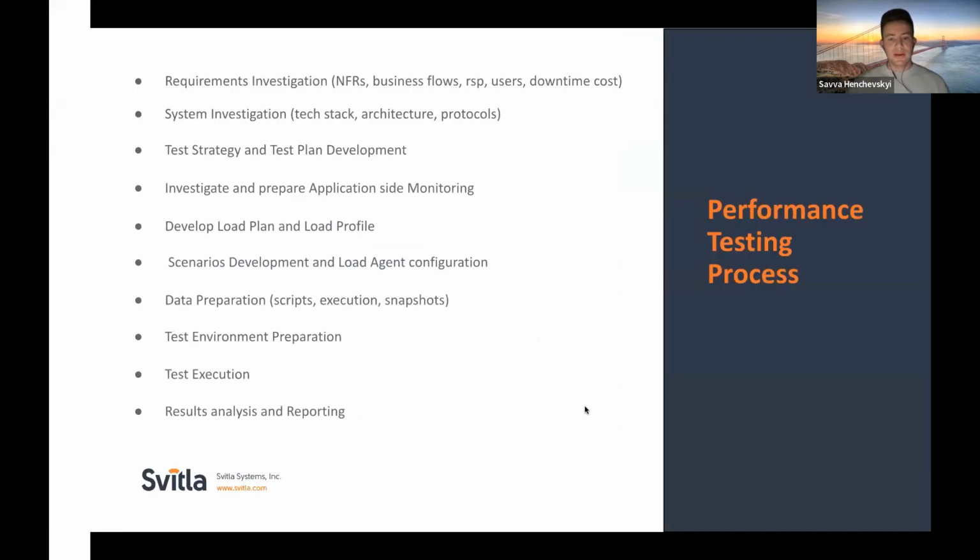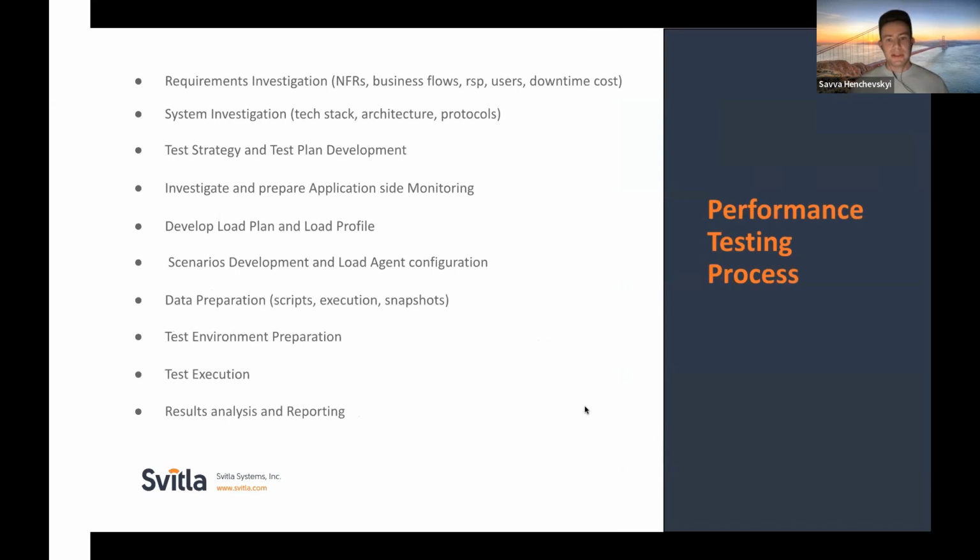As mentioned earlier, performance testing can sometimes be interpreted incorrectly, and the whole performance testing process covers a lot more things that need to be prepared before the test design phase starts. Otherwise, there is a huge chance of going in the wrong direction and getting absolutely wrong metrics and results.